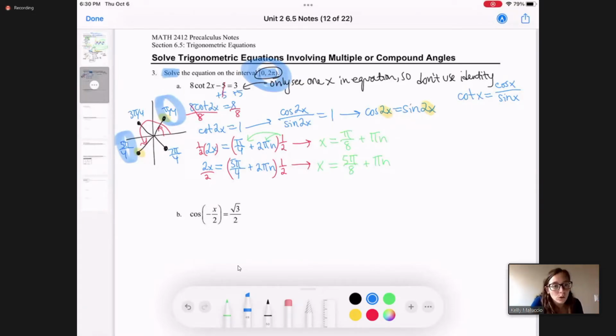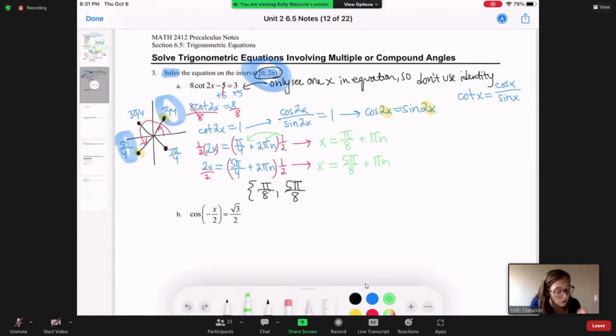So I know for sure if I start writing out my solution set, I know for sure pi over 8 and 5 pi over 8, because that's what we got right here and here. So I know for sure those are 2 answers, and maybe that's it.